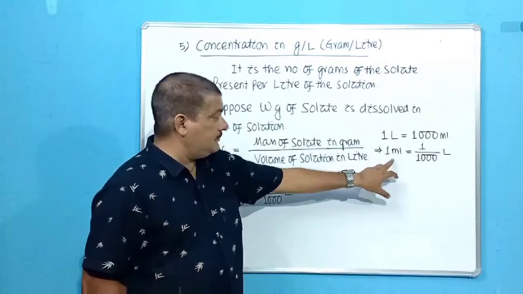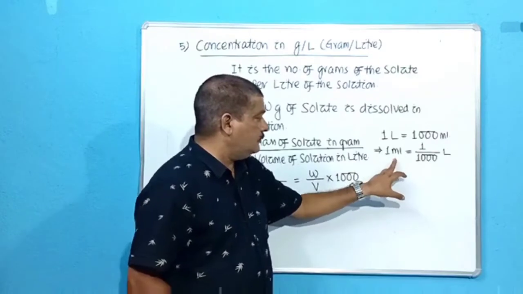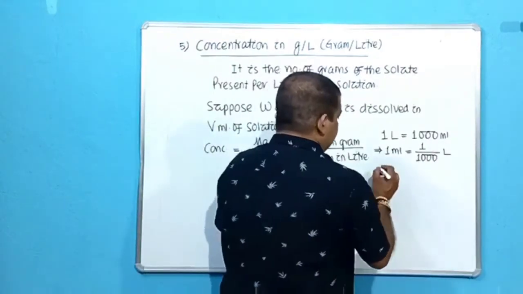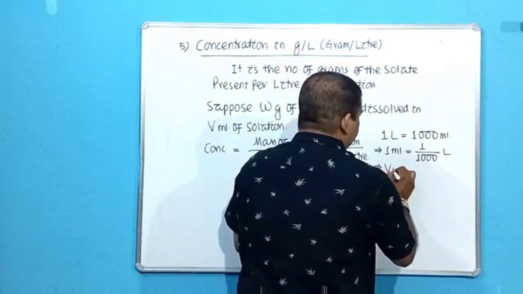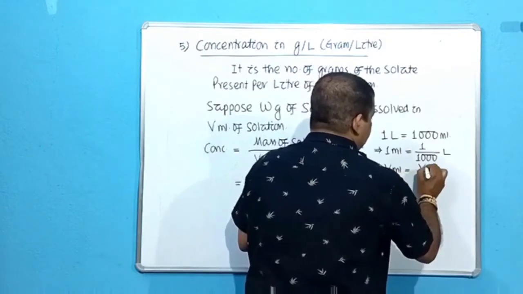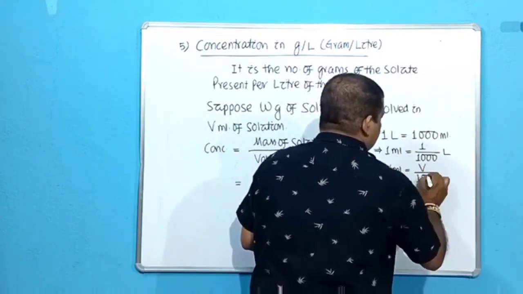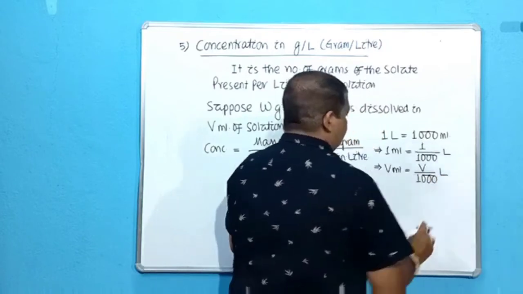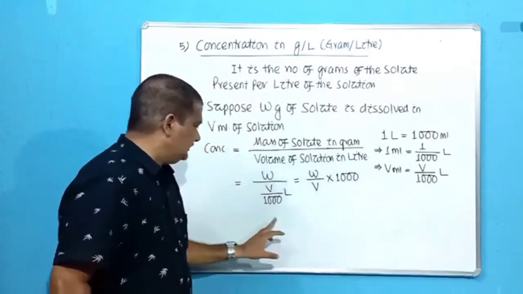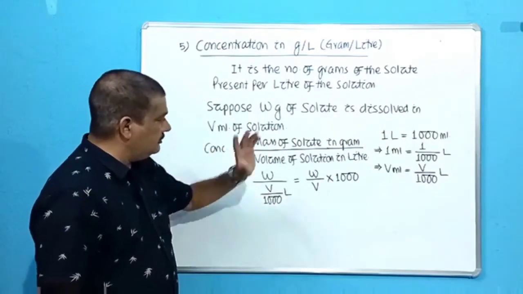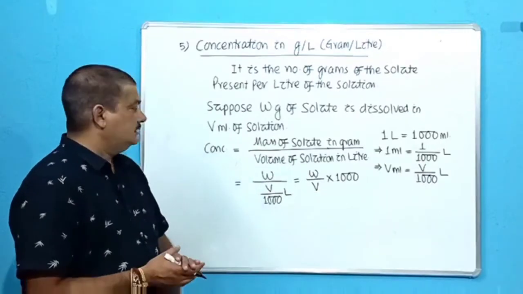It has been given, and we have to convert milliliter into liter. So 1 milliliter is this much liter. That means V milliliter means V by 1000 liter. So we have placed this value here. So 1000 will be multiplied then. So this is the formula.